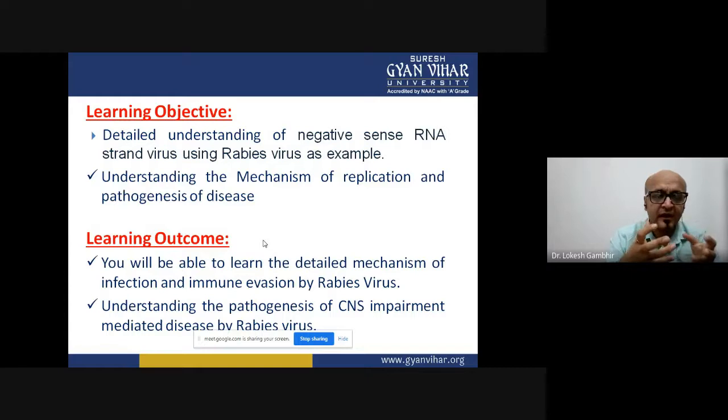Then after this understanding, we should be able to understand how this virus manages to evade our immune response, or in turn, what are the immune responses that we are mounting, although we have a standard set of immune responses that are mounted against viral infection.